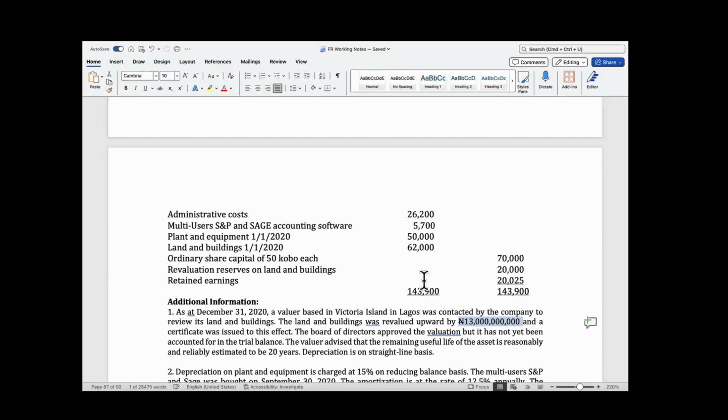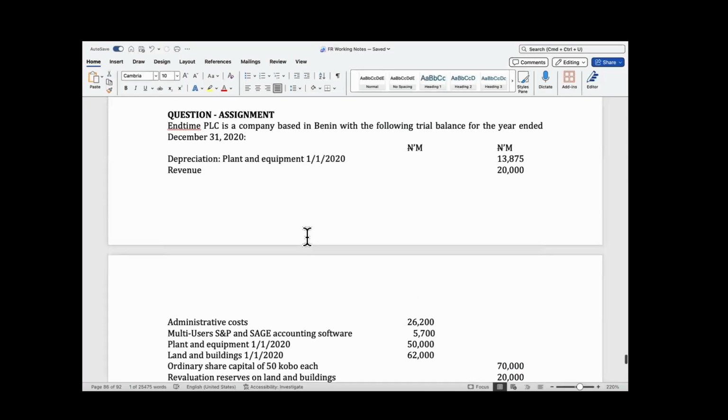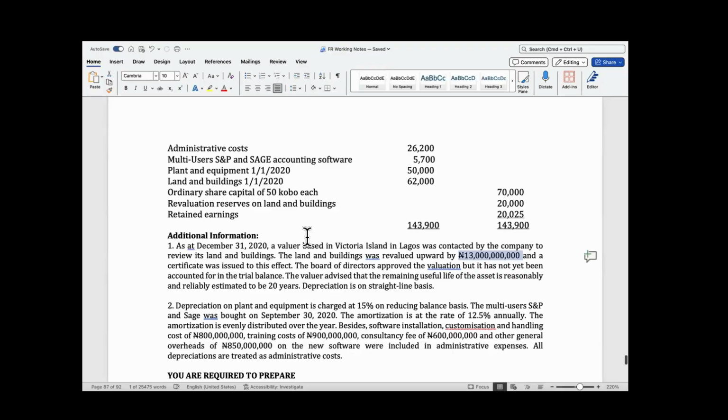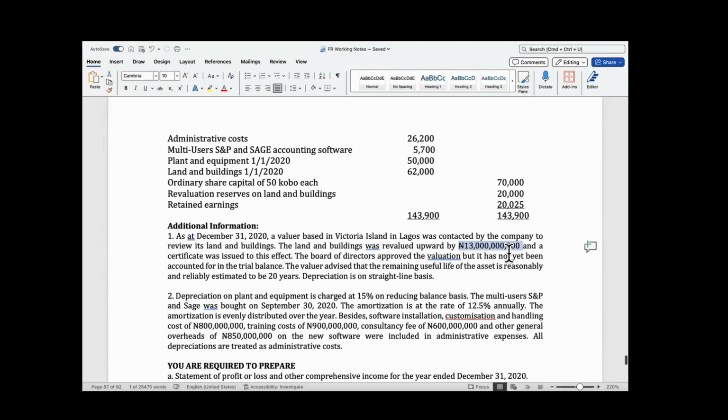So that would be 75. And was there accumulated depreciation? No, there wasn't. So after getting the 75, you then divide it by 20 so that you can get the subsequent depreciation, because anytime there's a revaluation, depreciation starts over.